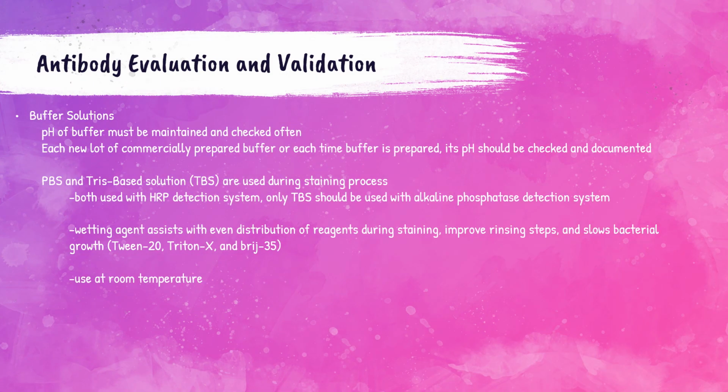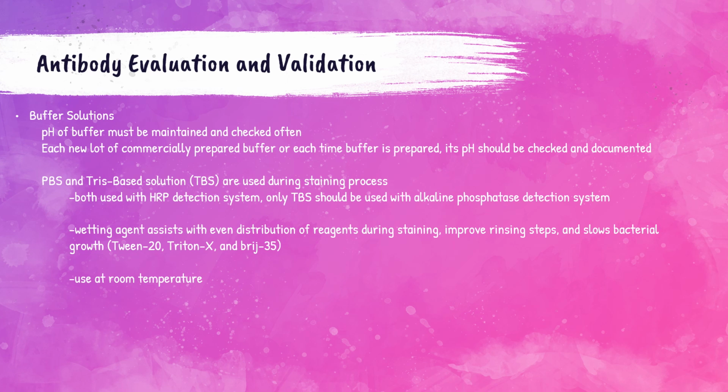The pH of the buffer used in immunohistochemical staining must be maintained and regularly checked. Any time that there is a new lot of buffer that is used or prepared, the pH must be checked and documented before use. Usually two buffers are used during the staining process for the immunohistochemical stains. These are PBS and tris-based solution, also called TBS.